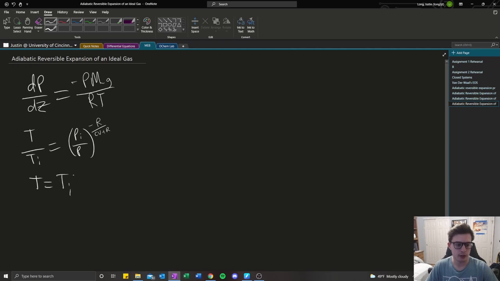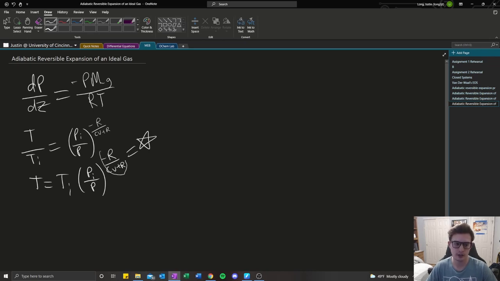Pretty easy, just multiply the initial temperature over. You might notice that I dropped the final here, just to make it easier to notice that this is the final temperature between the two. I'm also going to rename this value star, just so I don't have to keep writing it.